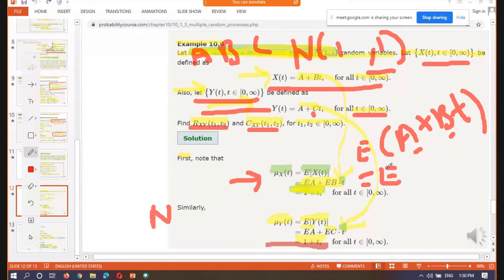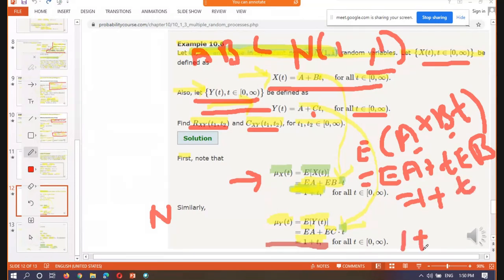It can be rewritten as expectation of A plus t times expectation of B. Because A and B are both N(1,1), it is 1 plus t. Similarly, for A plus Ct, we will also get 1 plus t. So the mean function mu Xt is 1 plus t, and the mean function mu Yt for the Yt process is also 1 plus t.